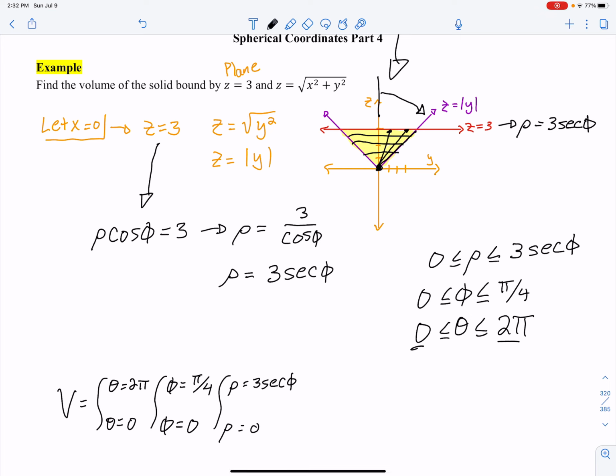I found when I was first working these, I was switching phi and theta often, and it would mess me up, and I wouldn't get the answer in the back of the book because I just switched my variables. Just be careful. If I'm finding volume, I let my integrand be a 1. But I also have to put the Jacobian in for spherical coordinates. So that's going to be rho squared sine phi d rho d phi d theta.